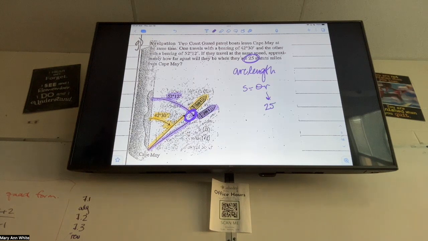Now, the theta is going to be different based on the yellow or the purple. Let's work smarter, not harder, okay? Boys, why don't you find the yellow one? Can you do arc length of the yellow one? Remember, my theta must be in radians, so you need to make this degrees, minutes, seconds into a decimal and into a radian, and then plug it in. Girls, I want you to do the same thing for the purple one, okay?